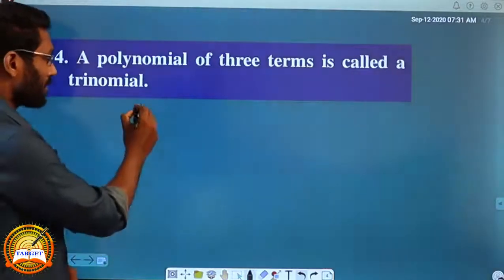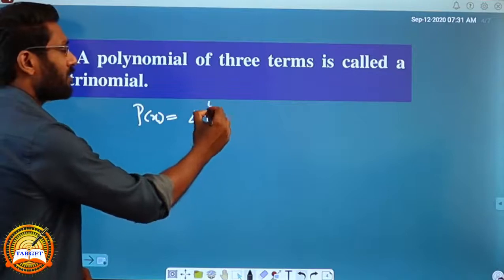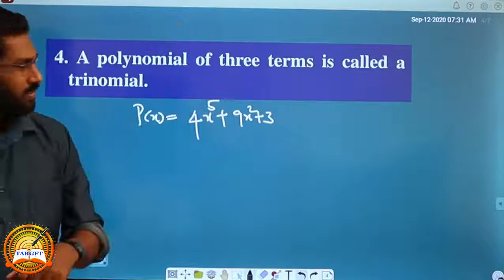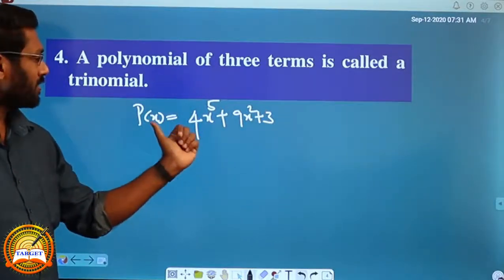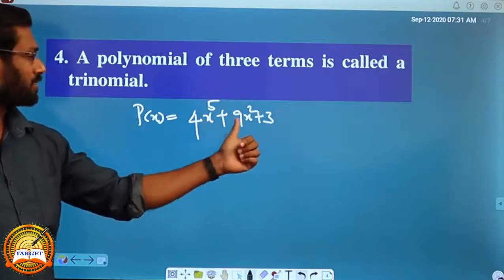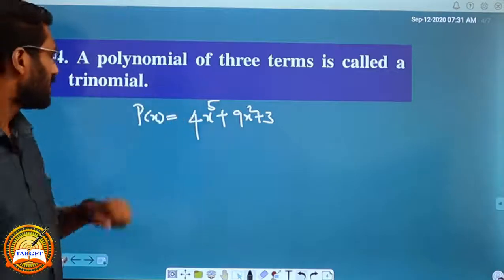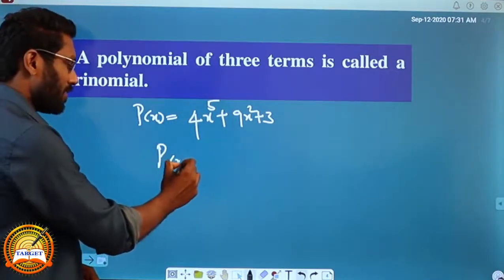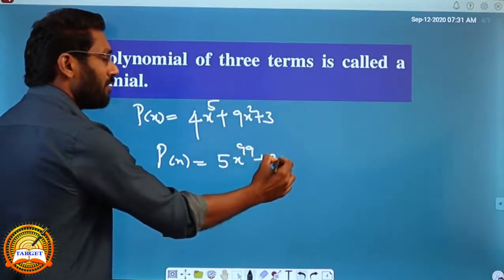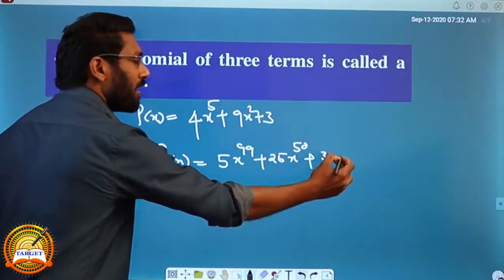For example, I am writing a polynomial p of x, 4x raised to 5 plus 9x square plus 3. Look at this one. We can count the number of terms. Look at how many terms are here. Here there are three terms. 1, 2, 3. So clearly it is an example of a trinomial. Another example is p of x equals 5x raised to 99 plus 25x raised to 50 plus 32x.